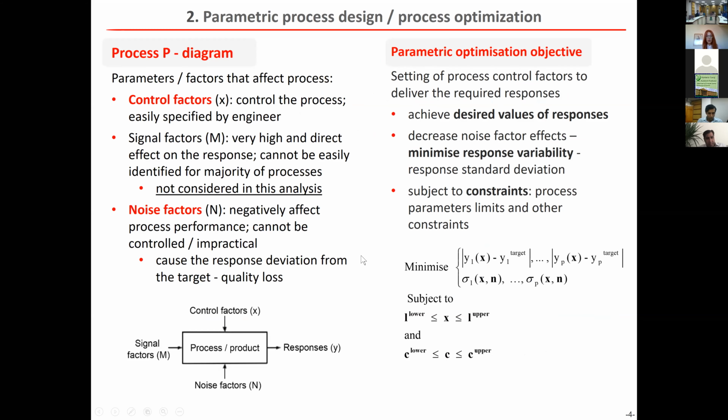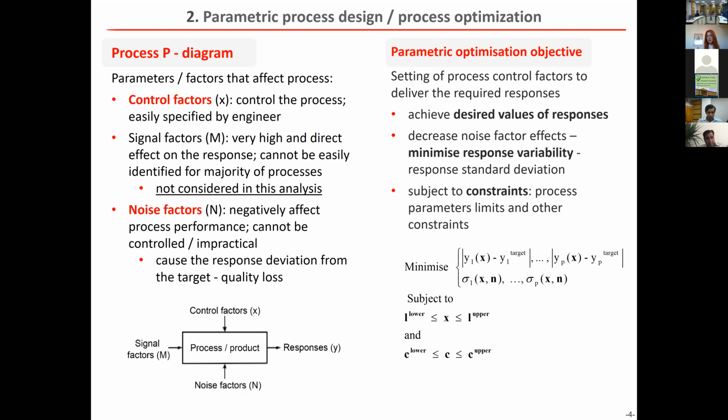Now, let me show you what process optimization is in our case. So this is a process. I have already explained that. The major task or objective of process optimization is to achieve the desired value for each response. So we want to achieve the desired mean value, but also minimize variability.